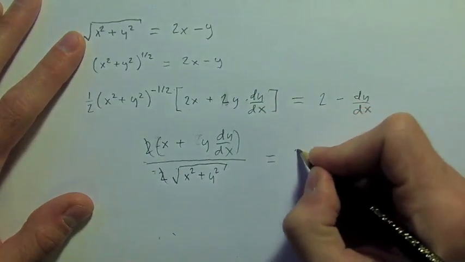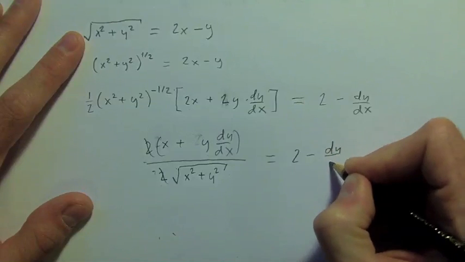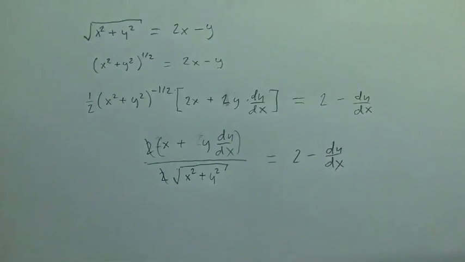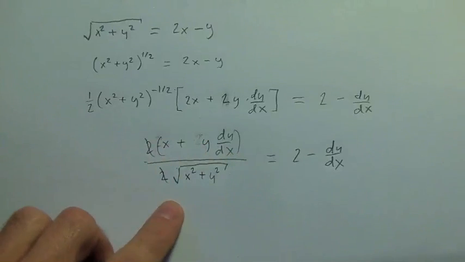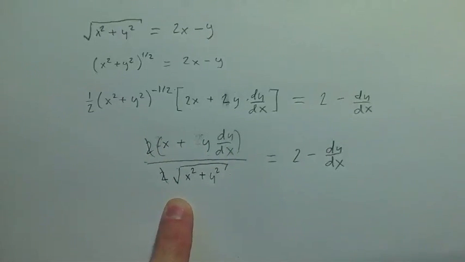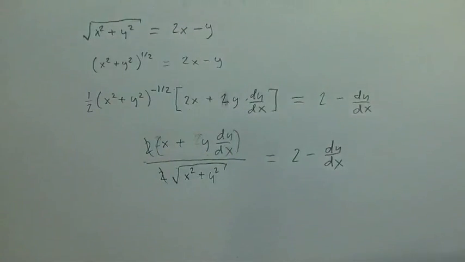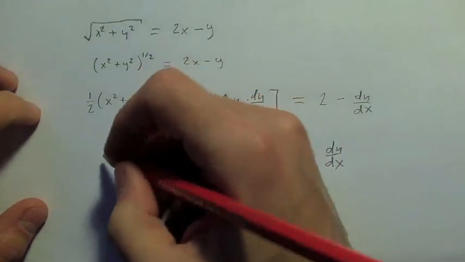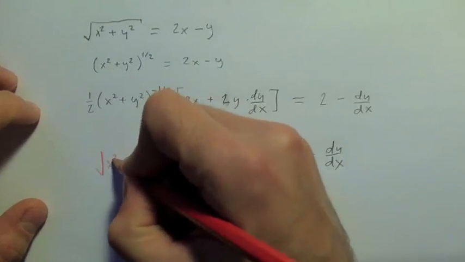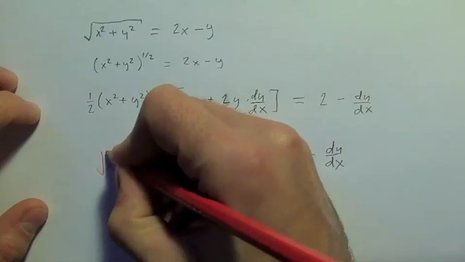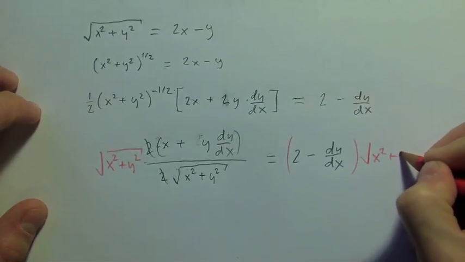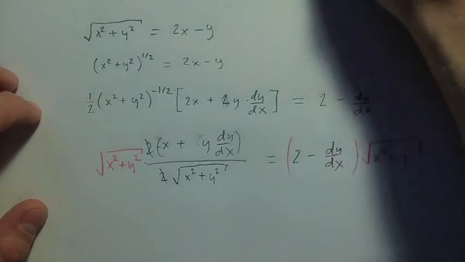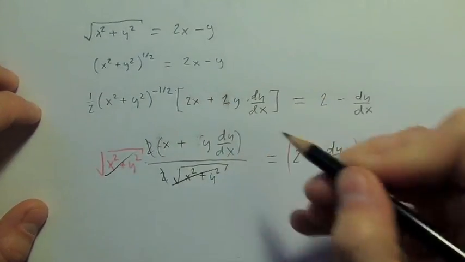Now, the reason I've done this is because I have a square root of x squared plus y squared on the bottom. I'm going to multiply both sides by that same thing. And the reason is because it's going to cancel this here.